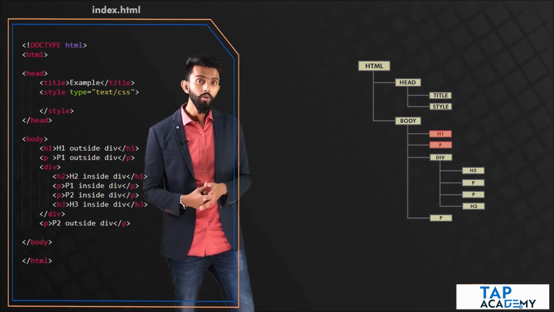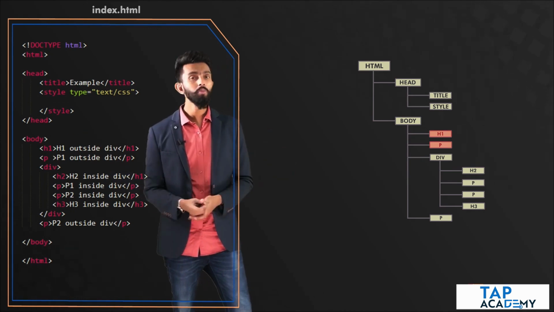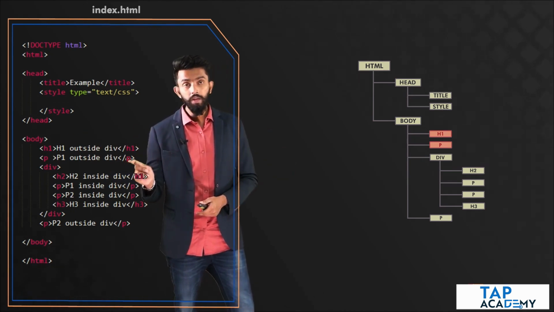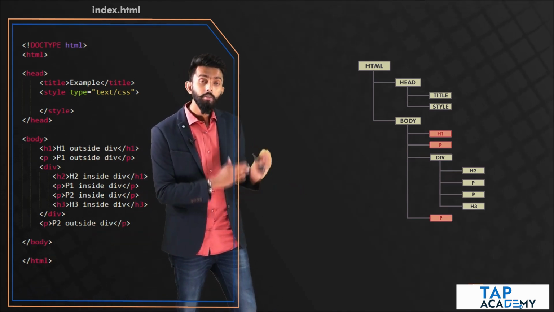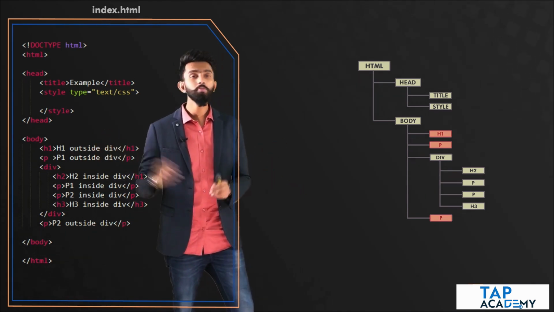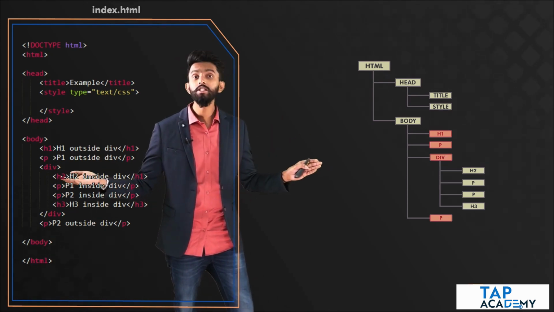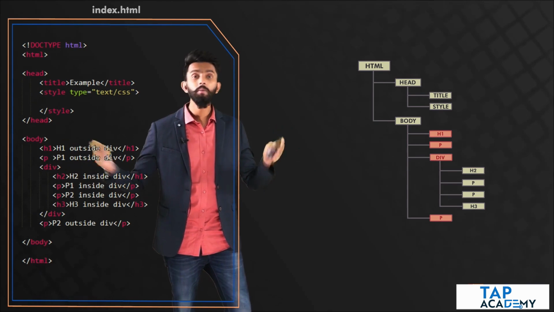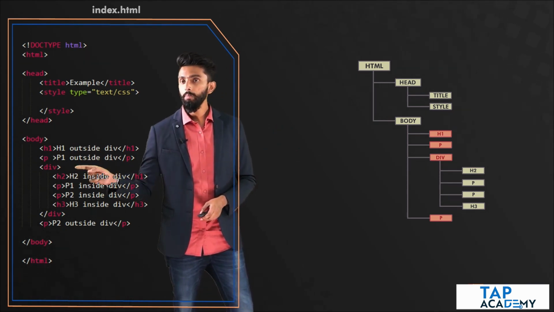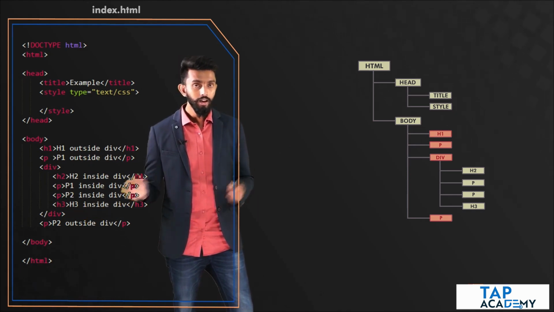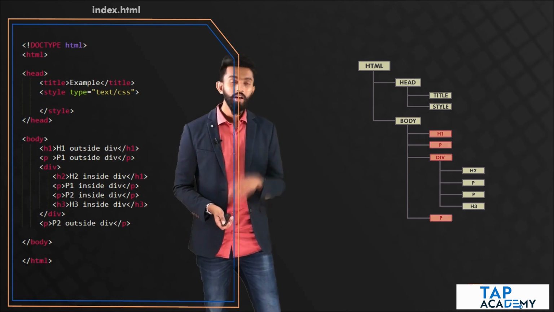Clearly h1 and p are siblings because they share the same parent, which is body. h1, p and the last p tag are all siblings because they share the same parent, which is body, right? In fact, even div is a sibling because it shares the same parent, which is body. I hope you're able to think. So h1, p, div and the last p tag, they are all siblings to each other. I hope you're able to think.